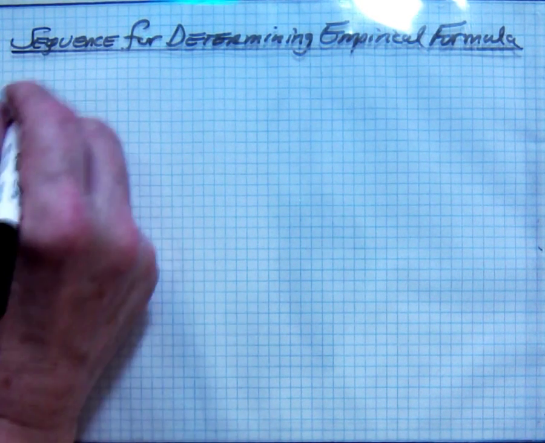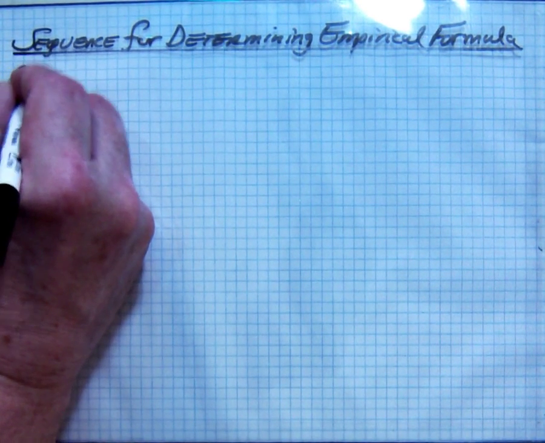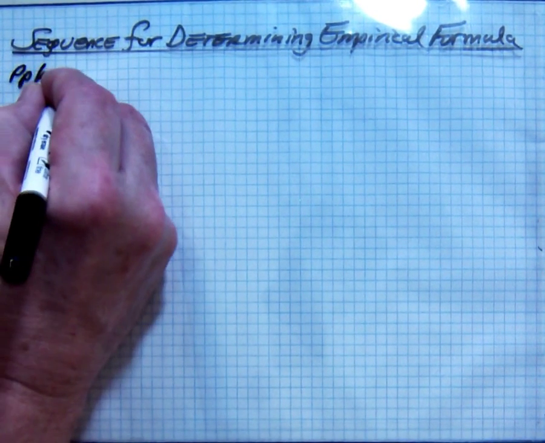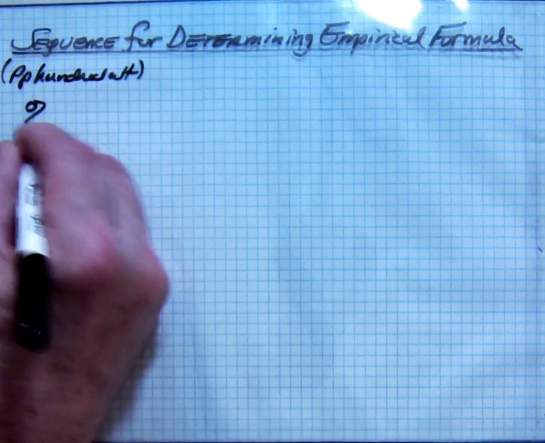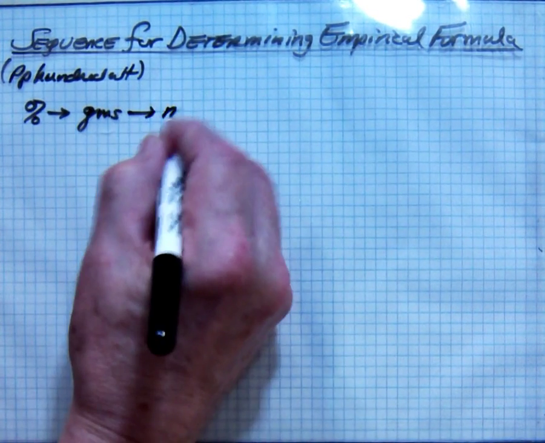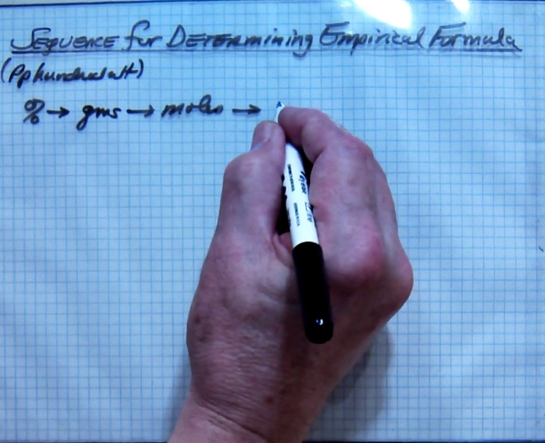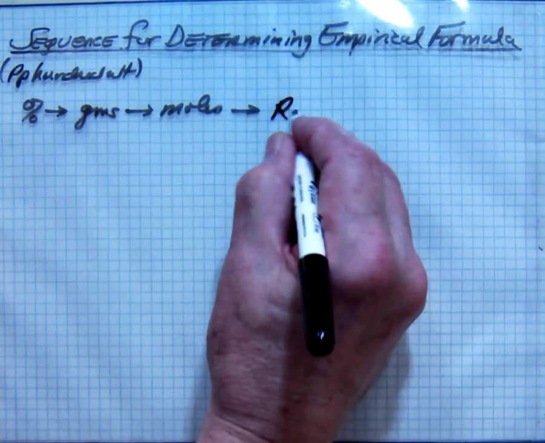And so what I'm getting here is from parts per hundredweight. You will go percent to grams to moles, a ratio, and reduce your ratio.